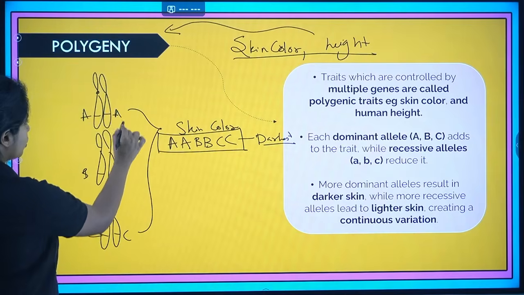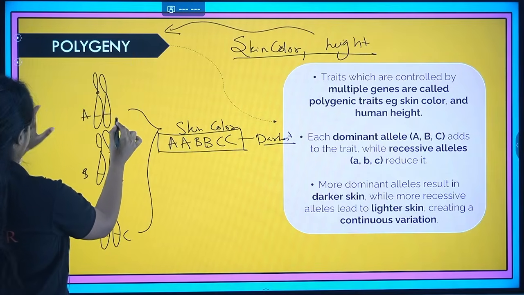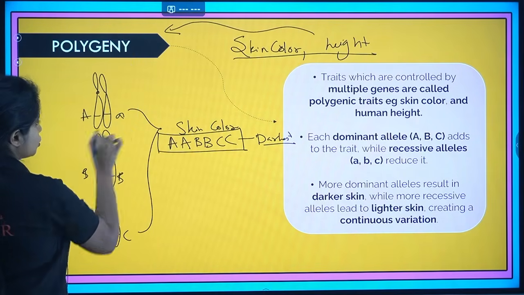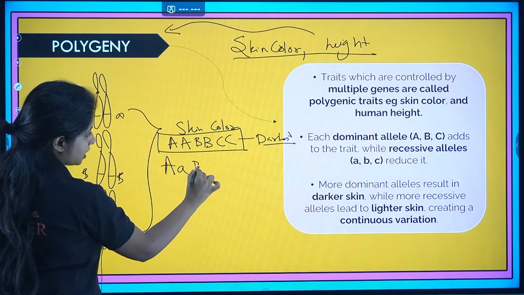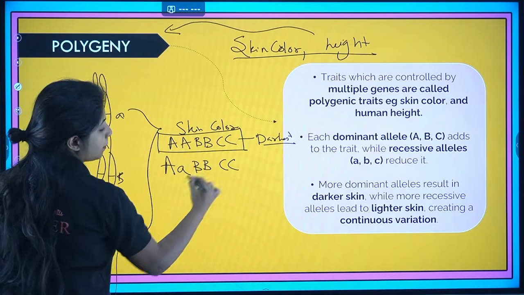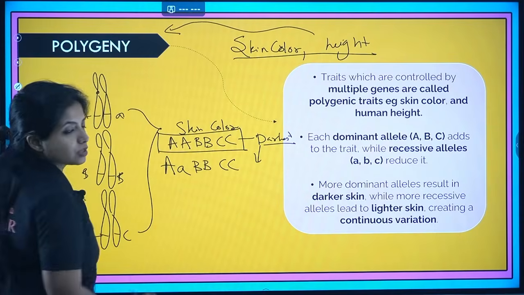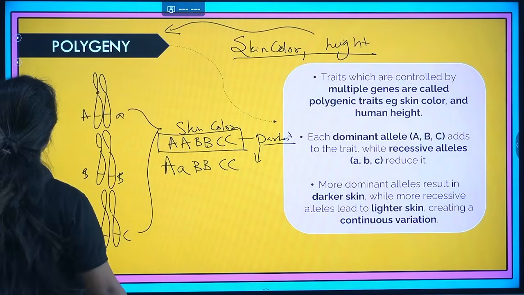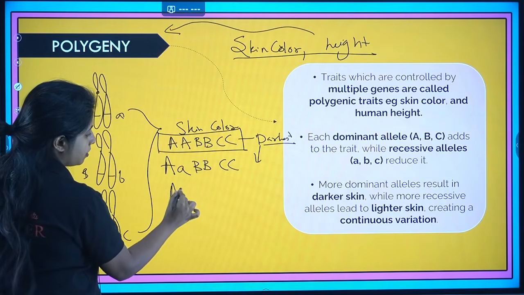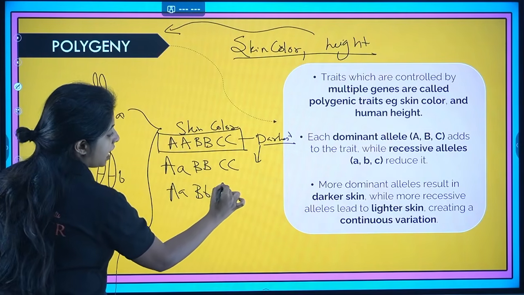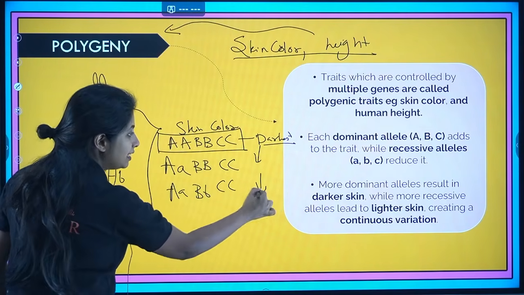Suppose I change something over here, a small a, then the genotype is capital A, small a, capital B, capital C. This is going to be lighter than the shade which was there. Now suppose you have small b over here: capital A, small a, capital B, small b and capital C. This is going to be lighter than this also.